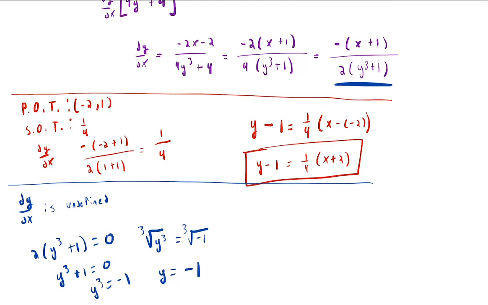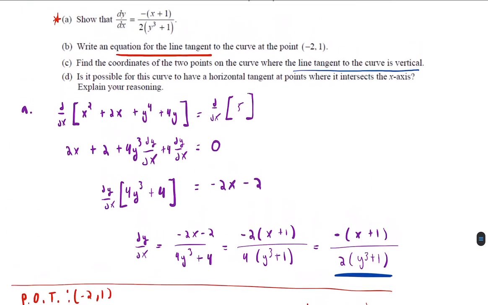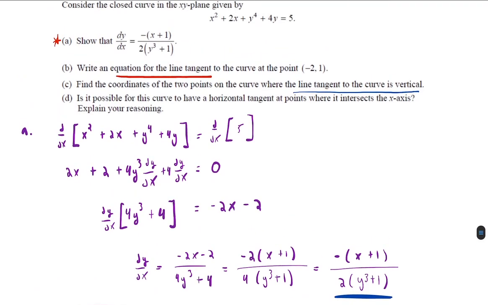Now, they said 2 points. The reason is that if you start implicitly defining functions, there's going to be multiple values that could give you a y of -1. So we need to take this y of -1 and plug it back into our original equation.